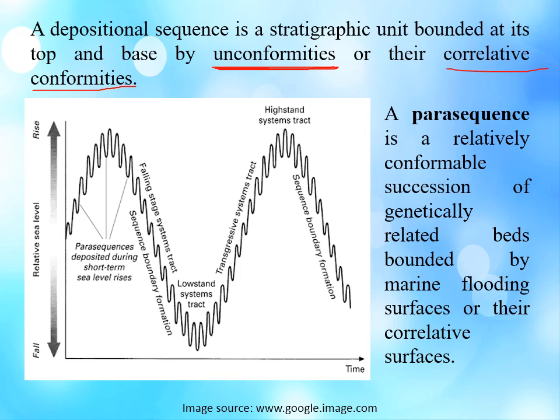So you can see how the sea level changes with time in this curve, and within the sea level changes there are different system tracts. You can see falling stage system tract, lowstand system tract, TST, HST. So all these system tracts are found. Now, generally, when you consider a sequence or study the system tracts with respect to a sequence, the sea level change curve considered is above a 10 million year scale.